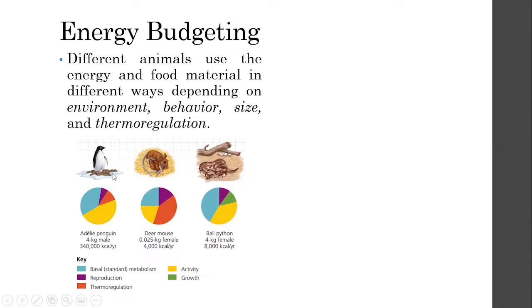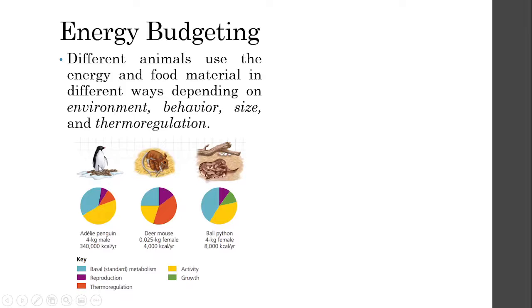So if we take these animals, first I want you to look at their thermoregulation. A penguin spends less energy on thermoregulation. It's because penguins are very insulated. They have a lot of body mechanisms that keep themselves warm, a lot of tools within their belt.